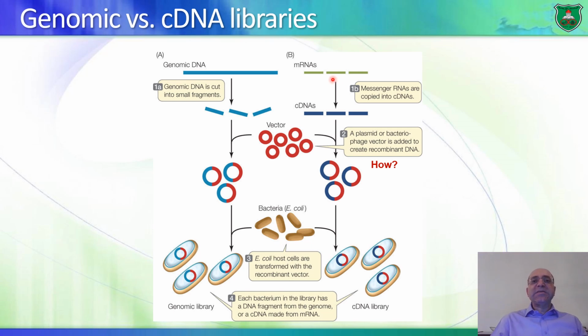Okay, so a cDNA library is cleaner, simpler. So what we have is, first we take the messenger RNA from cells, we convert them to cDNA using reverse transcriptase. Now, we insert these cDNA molecules inside plasmids. Okay? Now, each plasmid contains a gene.